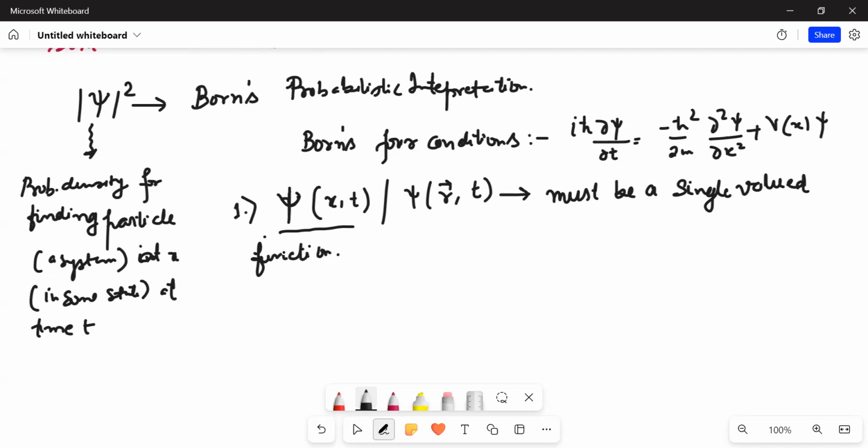Why must it be single valued? Because it must have a unique value at a point. If it does not have a unique value, then at a point you may have two probabilities.